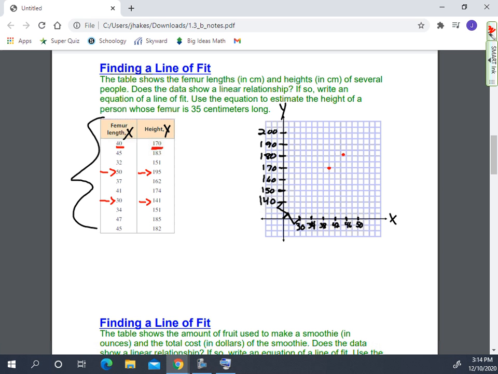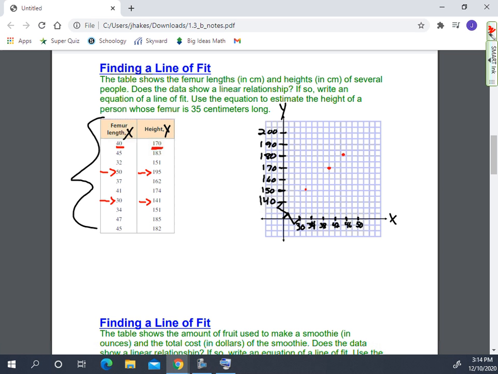Next is 32 and then 151. So x is 32 and go up to 150. And then just right above that, it's going to be 151. Our next point is 50 and 195.